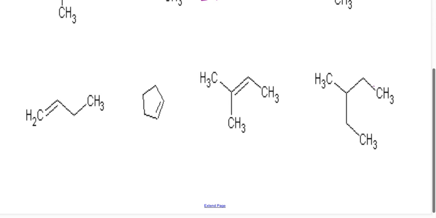All right, this one, 1, 2, 3, 4, 5. Same thing as the one above it. What about this first one? 1-butene. Is that counting? No. All right, this one's a circle. Don't let it freak you out.